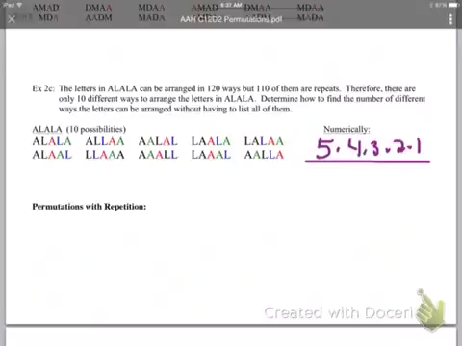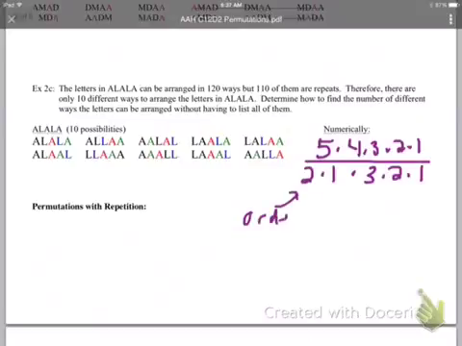We have to divide by how many ways I can arrange the L's. There are 2 of them, so I can arrange them in 2 times 1 ways, times how many ways I can arrange the A's. There are 3 of them, so 3 times 2 times 1. And that's going to equal our 10. So this here is the order.